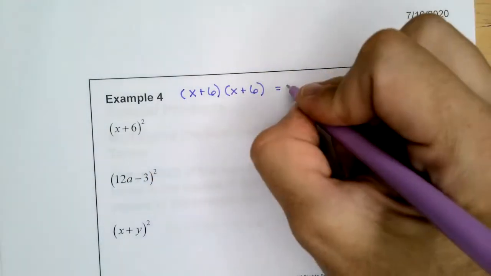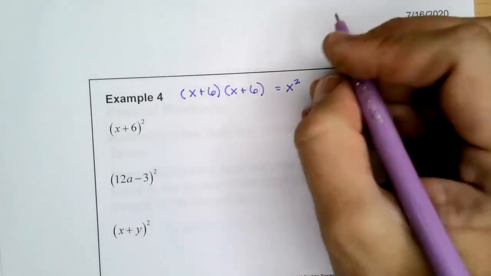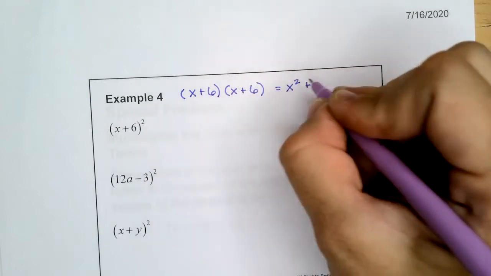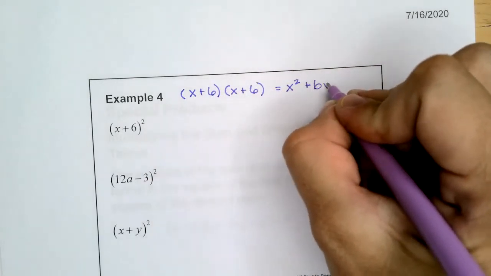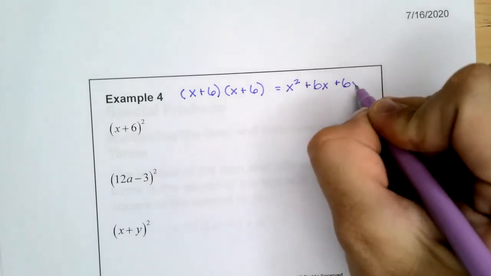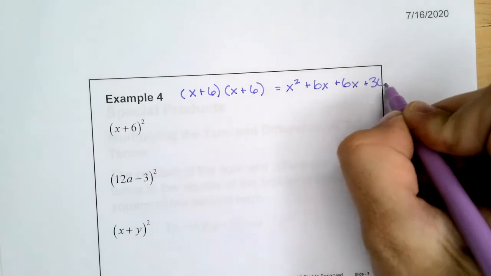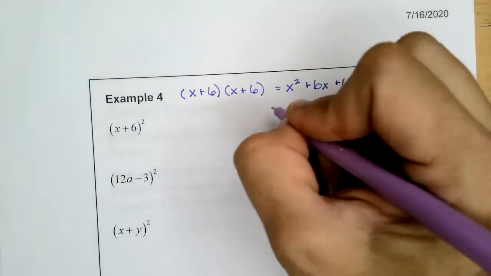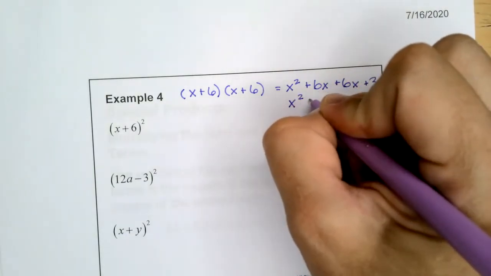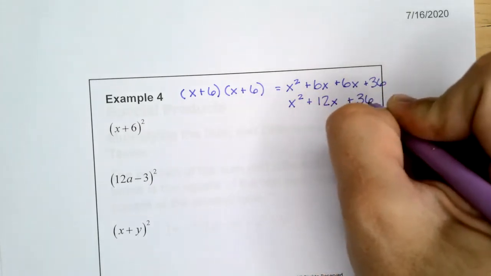That becomes x times x is x squared. X times 6 is 6x. 6 times x is 6x. 6 times 6 is 36. Okay. We simplify that to x squared plus 12x plus 36.